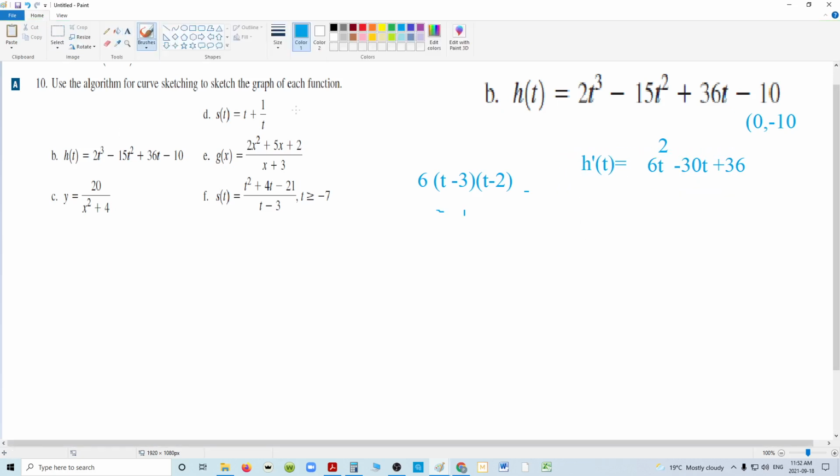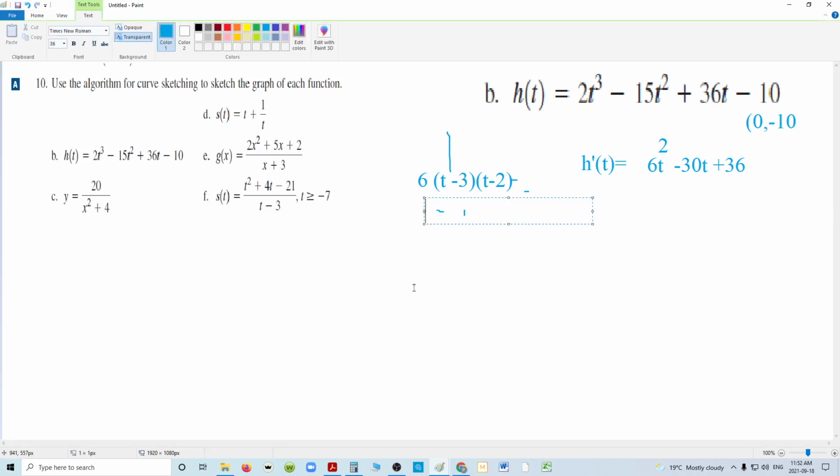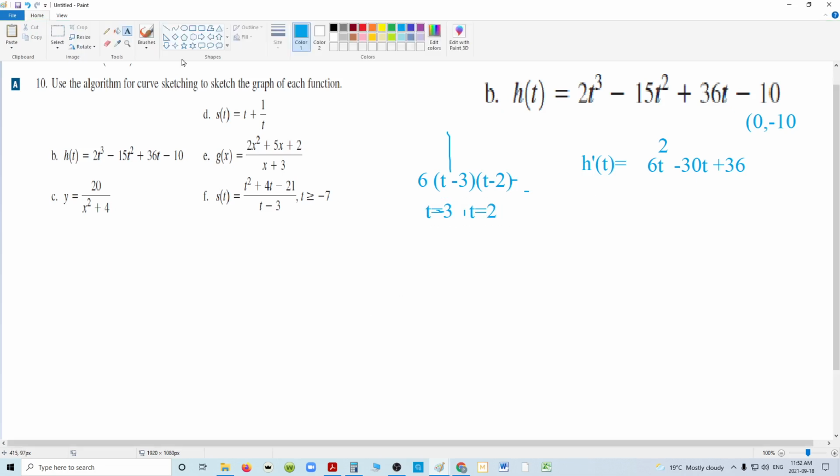And when we set it to 0, when will it equal 0? When t is 3, or when t is 2, which means this is a positive cubic. It must pass through the x-intercept at least once.